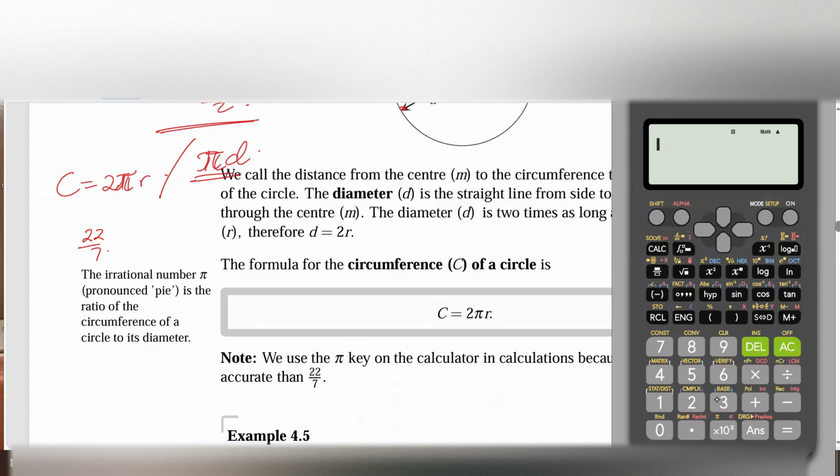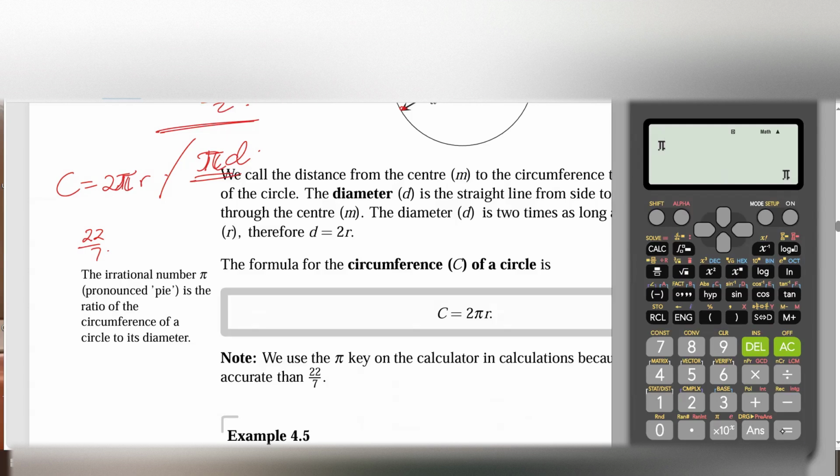When you put 22/7, you're going to get 3.4285 and so on. But lucky for us, even on the calculators, we have that symbol by the times 10 to the x. If you press shift and that button, we get the pi.